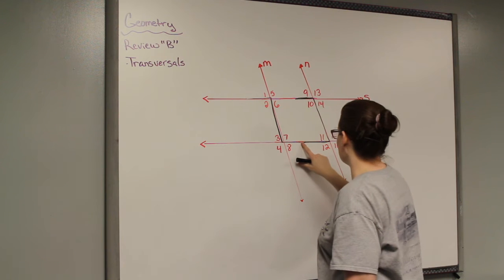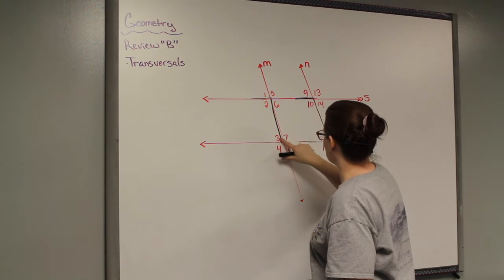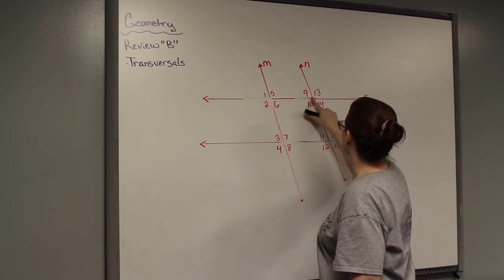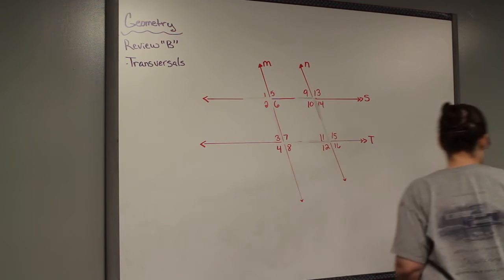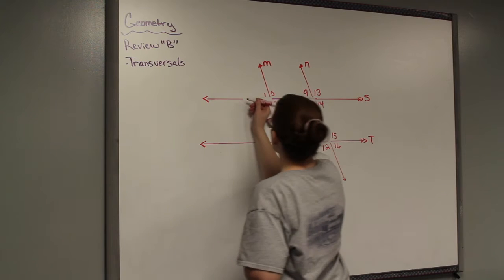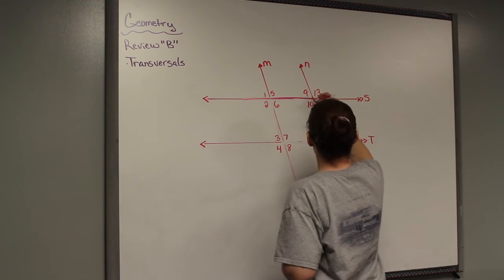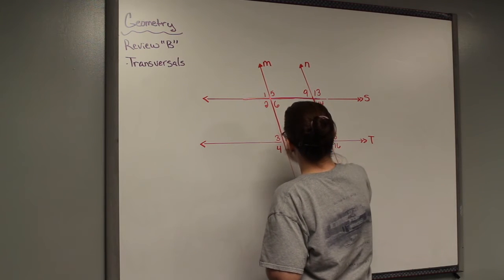I don't know if I can get my dark color off of here now that I made my Z. I'm going to have to redo this, but I'm just going to freehand it because I don't have a lot of time. You pretend like this is a straight line, even though it's kind of wavy.